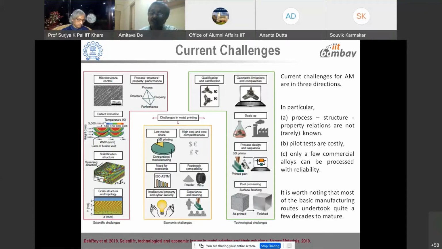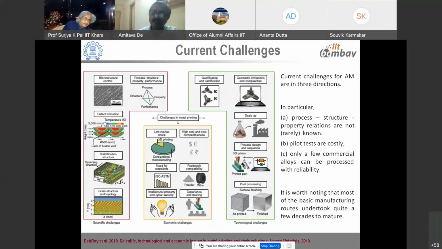And then there are economic challenges. Economic challenges like standardization. You can also think of procedural and legislative challenges that require standardization, intellectual property rights, security, cyber security, and many such things which, as I said in the beginning, are usually settled in the conventional processes that many of us know. Standardization is already set.